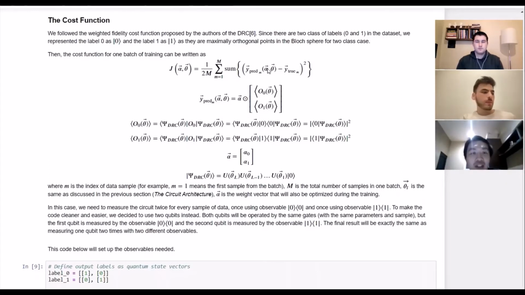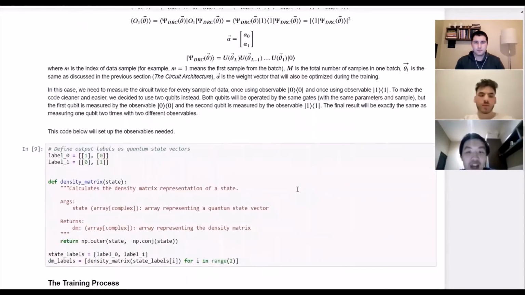So we can see that we only need 1 qubit, but we have to measure that qubit 2 times. The first one is using the 0,0 observable, and the second one is using the 1,1 observable.